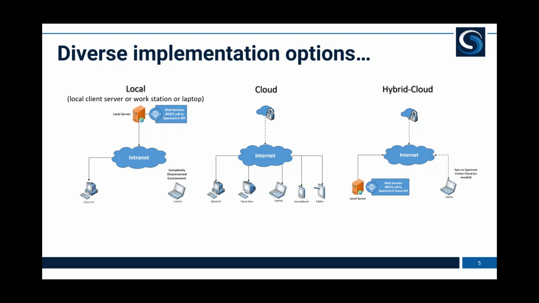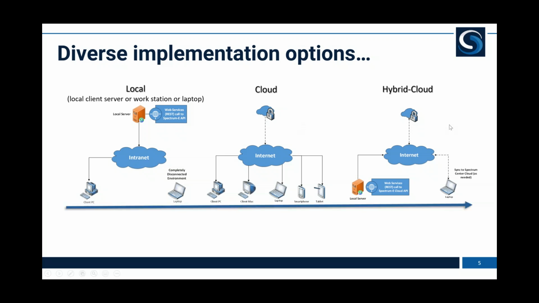So they don't have the engineering module installed, the technical analysis module, in their local environment, but they do occasional technical analysis through a web service call to our API. And so that's what we call an example of a hybrid cloud type implementation.